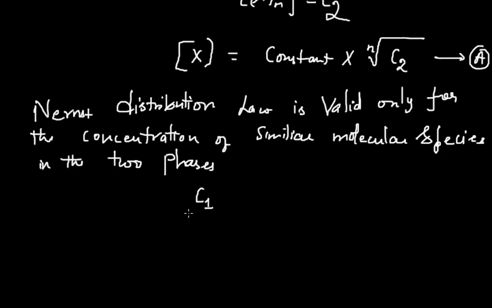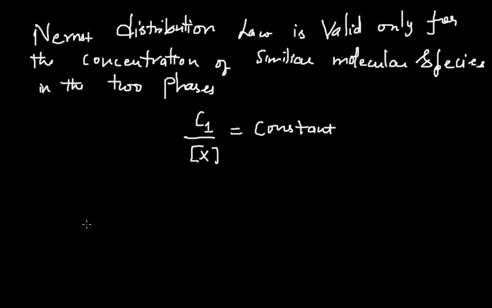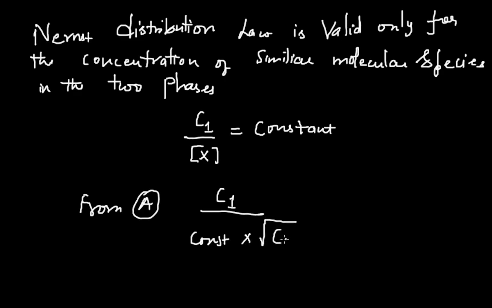That is C1 from A. So the concentration of X in the denominator can be replaced, and C1 divided by constant into the nth root of C2 is equal to a constant.